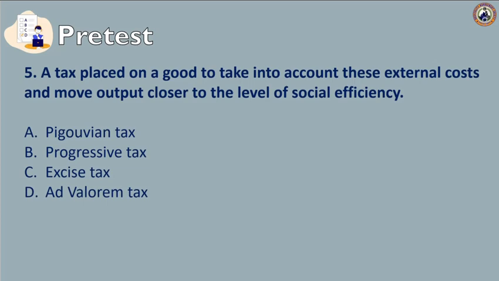A tax placed on a good to take into account this external cost and move output closer to the level of social efficiency. So the answer for question number 5 is letter A, Pigovian tax. Again, congratulations to those who got the perfect score for this lesson number 15.